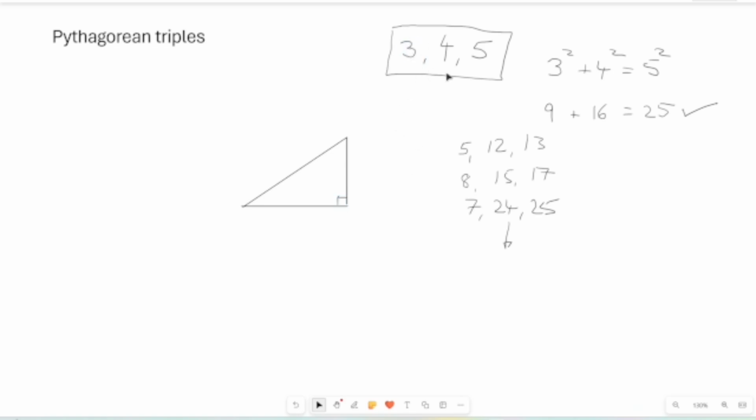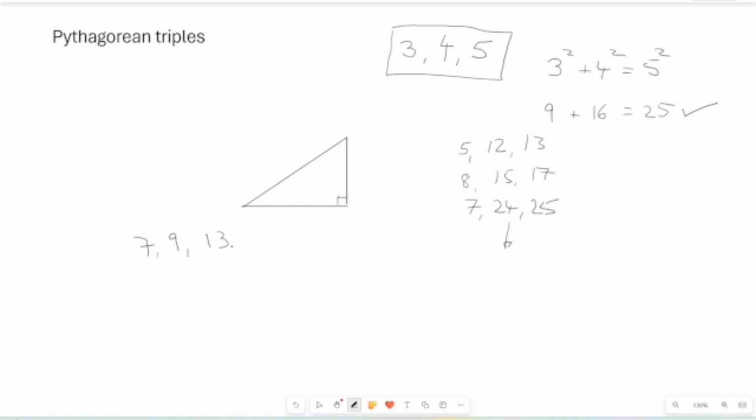If we know all 3 sides, or we have numbers for all 3 sides, we can work out if we have a right angled triangle. So, for example, let me give you the numbers. I'll make these up. 7, 9, and 13. If we make a triangle with these sides, do we get a right angled triangle?